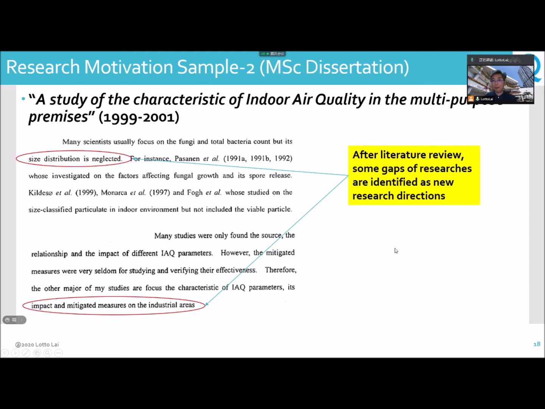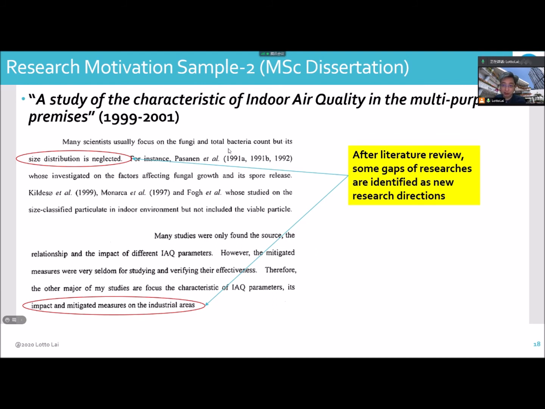My MSc dissertation, another master's degree of mine at PolyU, was a study of the characteristics of indoor air quality in multipurpose premises from 1999 to 2001. After the literature review, we found some gaps in the research and identified a new research direction.